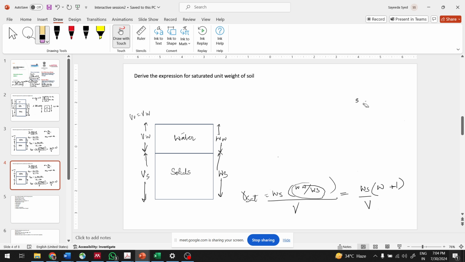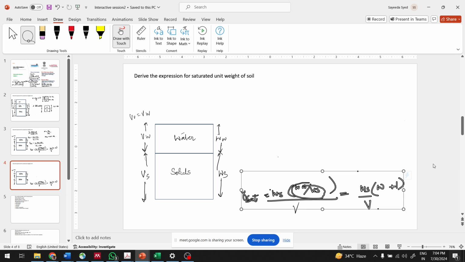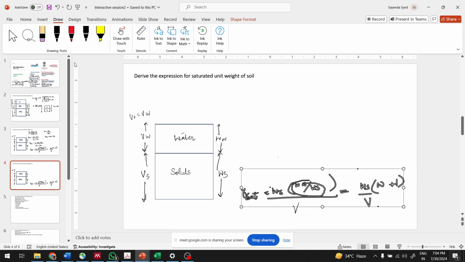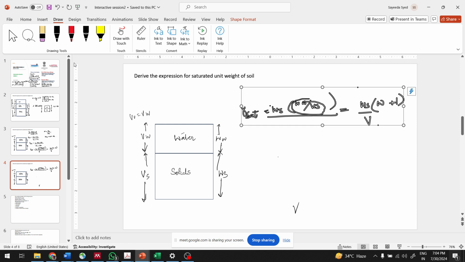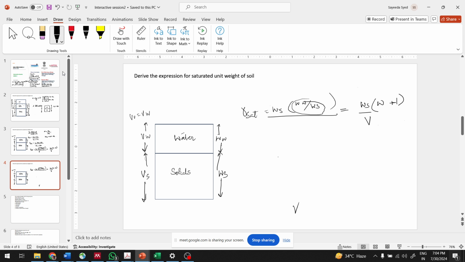Now let's try to change the Vs, because typically in the field you don't get exactly the Vs value. What you get is the weight of water, the total weight, but you will not get Vs because that's a difficult value to obtain in the field. You have to dry the soil then.